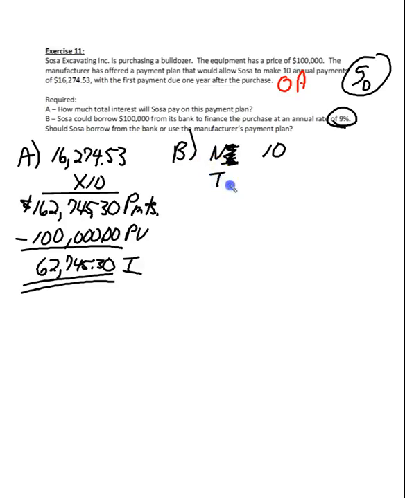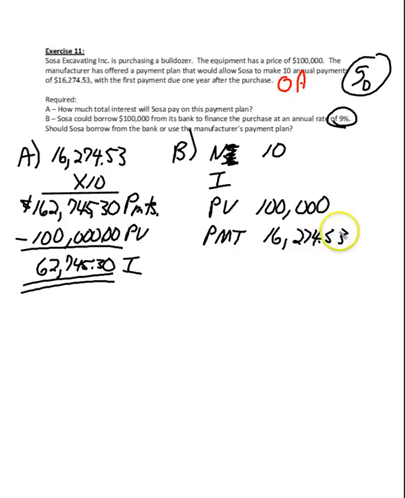We don't know the interest rate. We know the present value of what SOSA would acquire from the manufacturer is $100,000. We know the payments are $16,274.53. And then future value, there's no lump sum. So key all that into your calculator and see what interest rate you get.